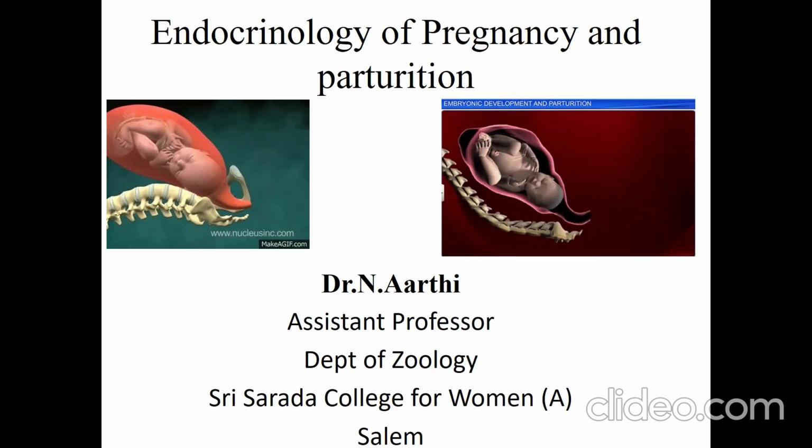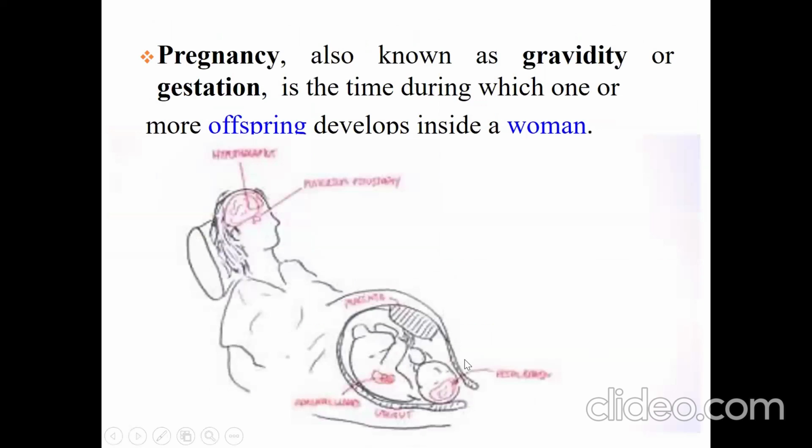It is a very special moment in a female, the pregnancy or gravidity or gestation, which means that the female is going to give birth to the young one, or deliver offspring, which is going to develop inside a woman. That we normally call pregnancy.